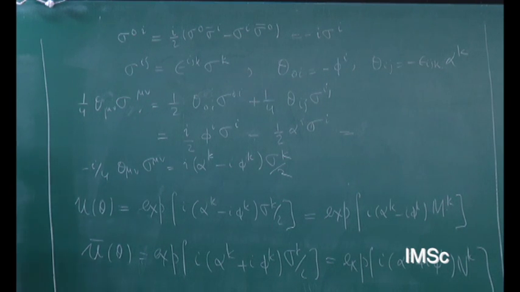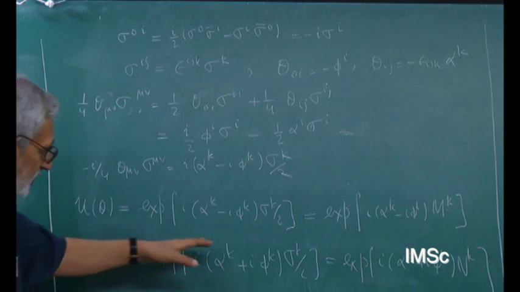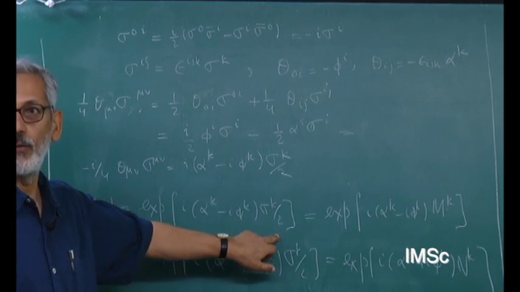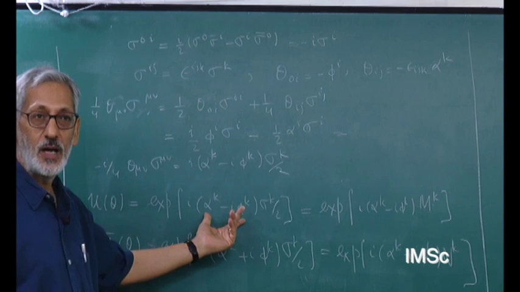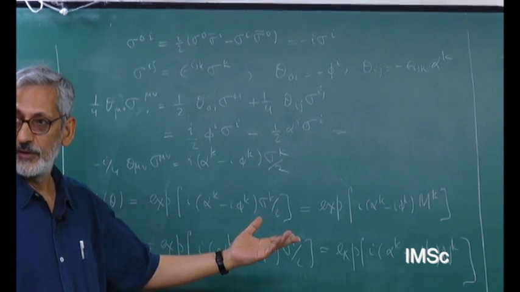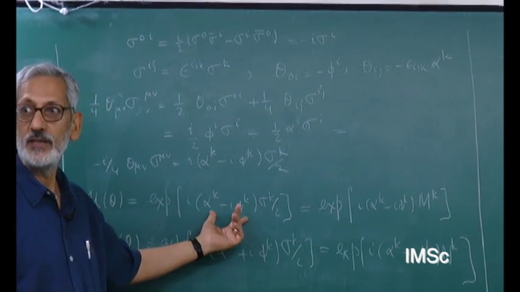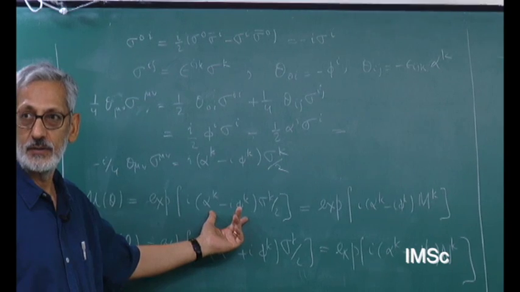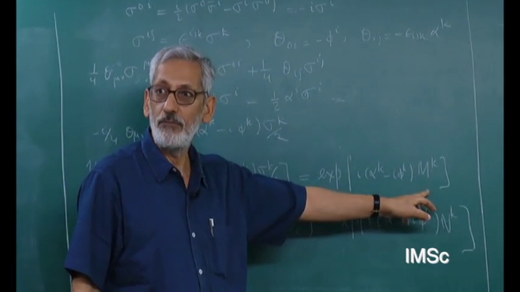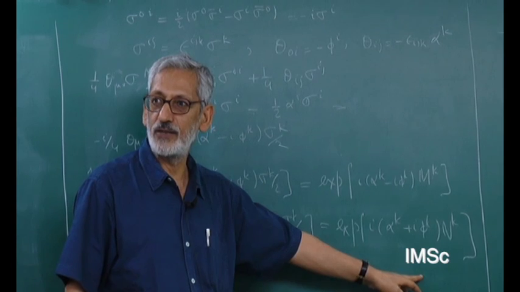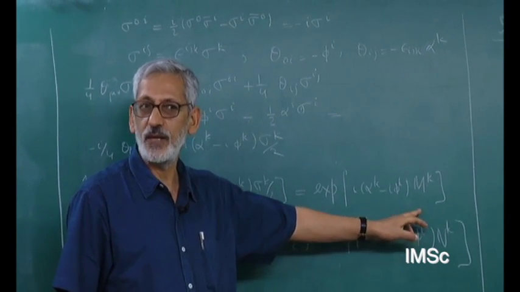When we discussed the spin half representation of the Lorentz group, we said precisely the generators are sigma k by 2. And this is a transformation parameter, as opposed to real SU2. Here we have them as complex transformation parameters. This is the one we had called M, and this is the generator of the other SU2 we had called N. That's why I use the same symbols M and N.